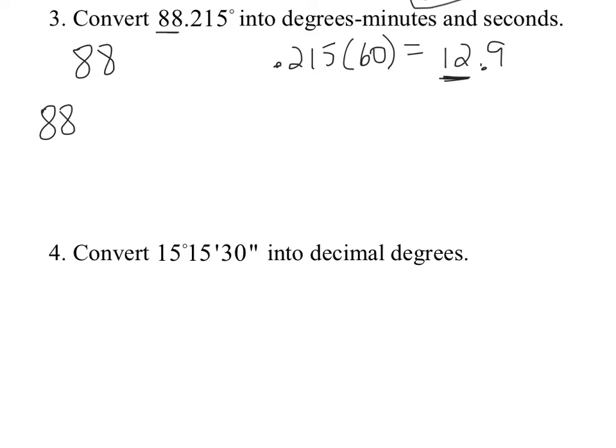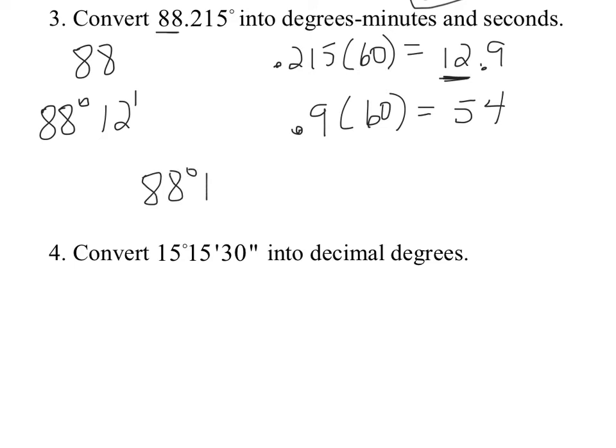So now I have 88 degrees and 12 minutes. Now I need to take this 0.9 that's left over and multiply times 60 again. When I do, I get 54, and that's going to be my seconds. So my final answer is 88 degrees, 12 minutes, and 54 seconds.